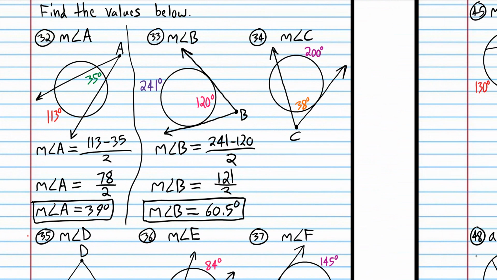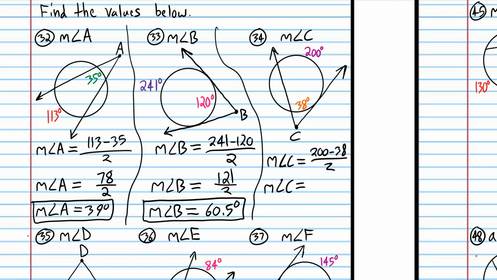So let's try one more of these before you try one on your own. In this case, we had 2 tangents, and in this case, we had 2 secants. Now we have a secant and a tangent, but it's pretty much the same concept. So the measure of angle C is equal to 200 minus 38 divided by 2.